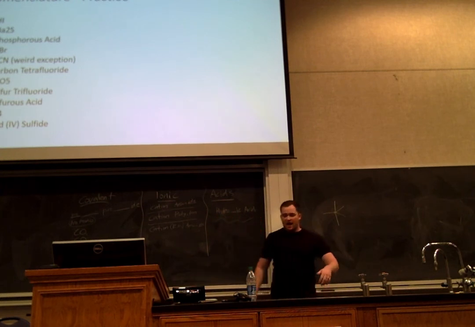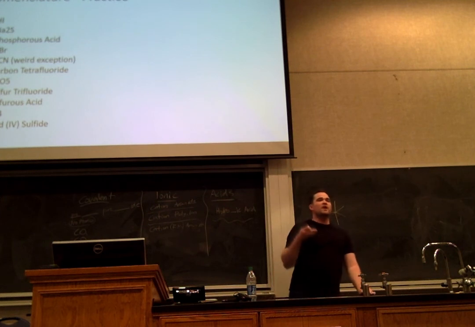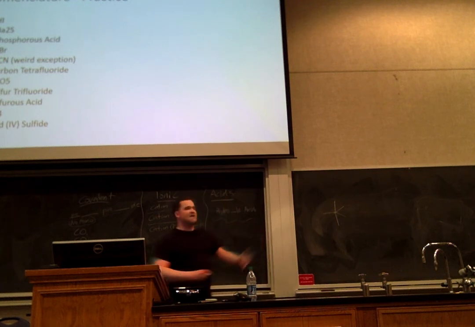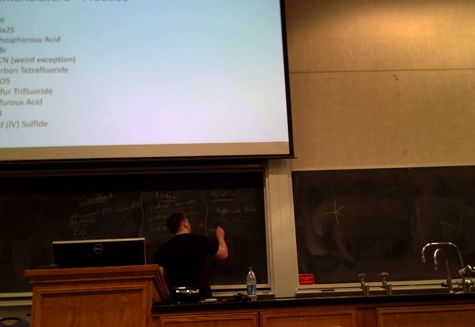We can also have hydrogen with a polyatomic ion. In that case, a lot of our polyatomic ions end in ate or ite. If it ends in ate, we change it to ic acid, and we take ite, and we change it to ous acid.